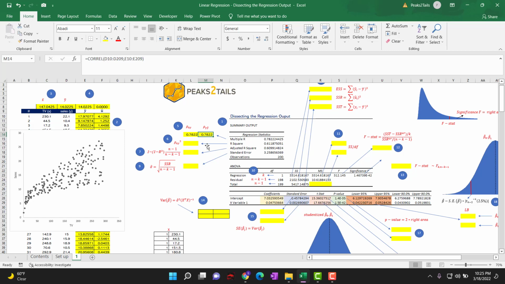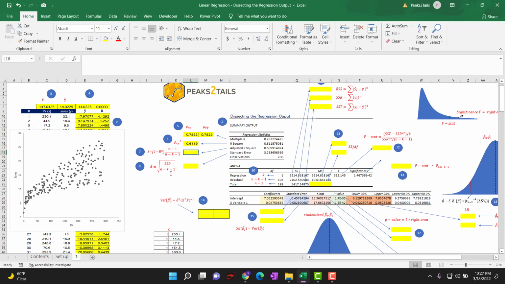But there's only one predicted Y. So in case of multiple linear regression, the multiple R would be the correlation between Y and Y hat. Alright, so next is R square. R square is the square of the correlation between X and Y. In case of multiple linear regression, R square will be the square of the correlation between Y and Y hat. So let's verify that. Here is the correlation square, and that's our R square, and it matches the output.